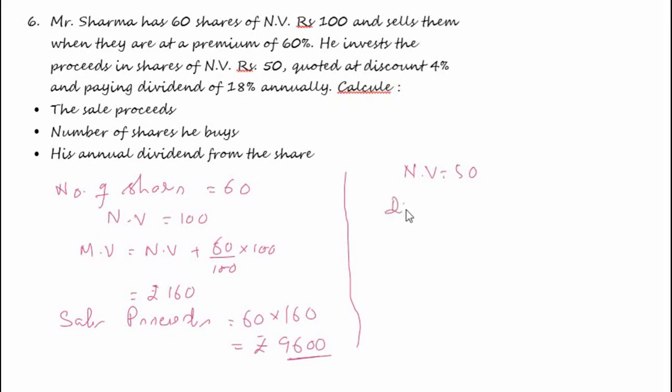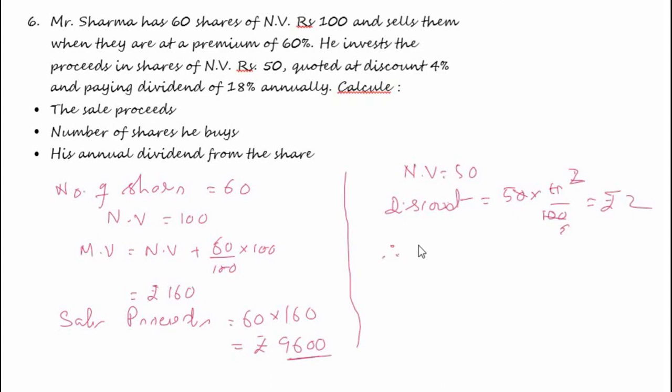So the discount he gets is 50 into the rate, that is 4%, divided by 100. So the discount he gets is rupees 2.